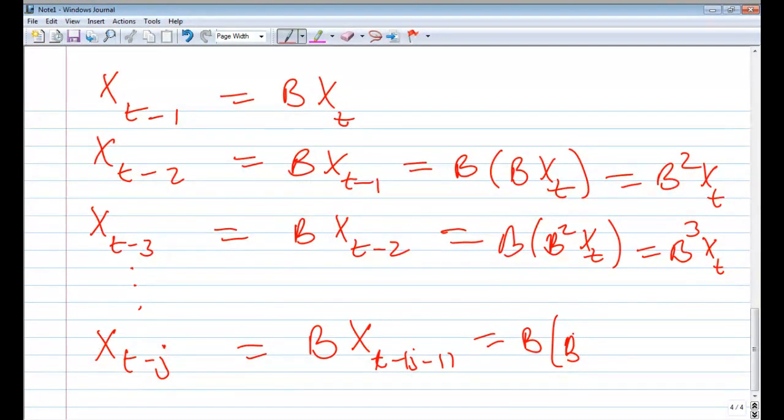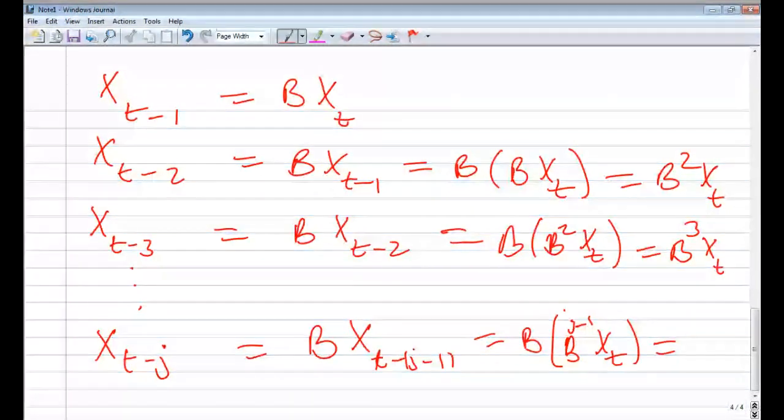J minus 1. Yes, j minus 1. Very good. Xt. Then the last part, b to the power j xt. So this is a scenario that you have to follow. This is how we write the backshift operator.